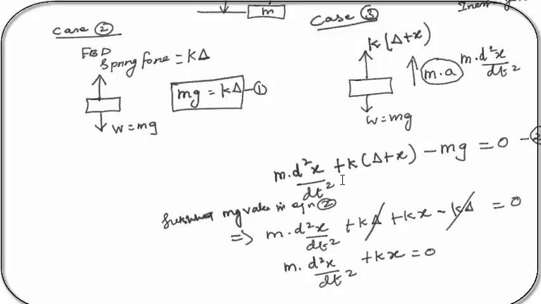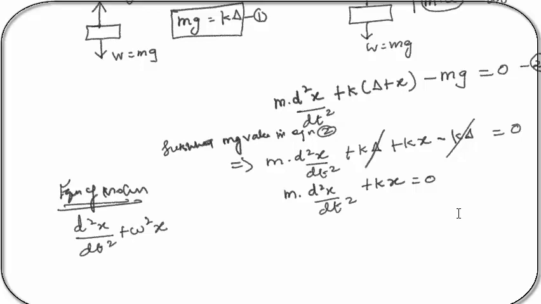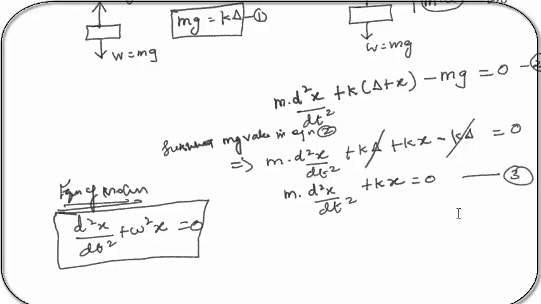Now we have to compare this equation. In my previous lecture we have seen how to derive the equation of motion, and the equation of motion is d square x by dt square plus omega square x is equal to 0. So I'm going to compare this equation, that is equation number 3, with the equation of motion.